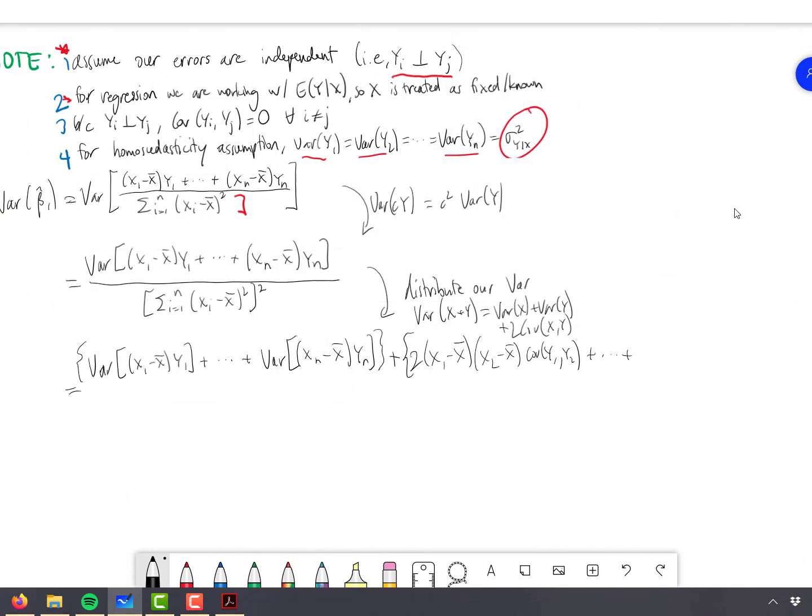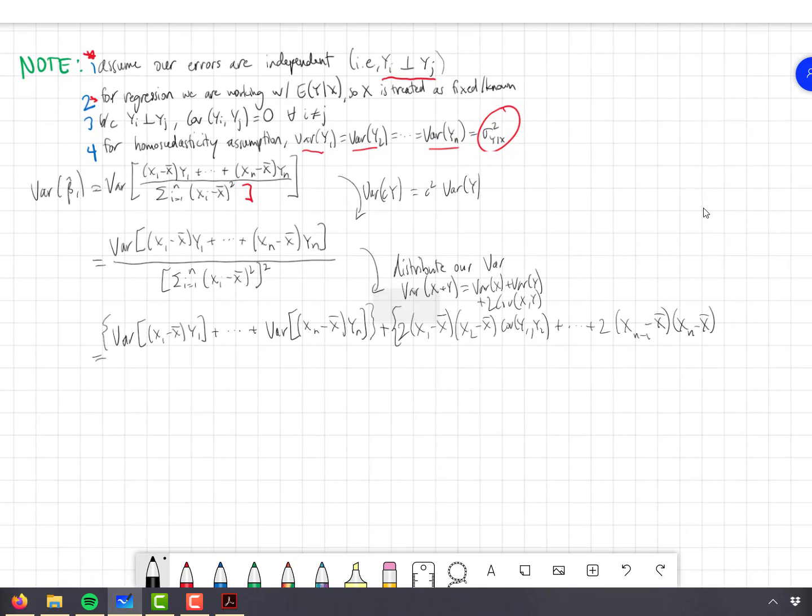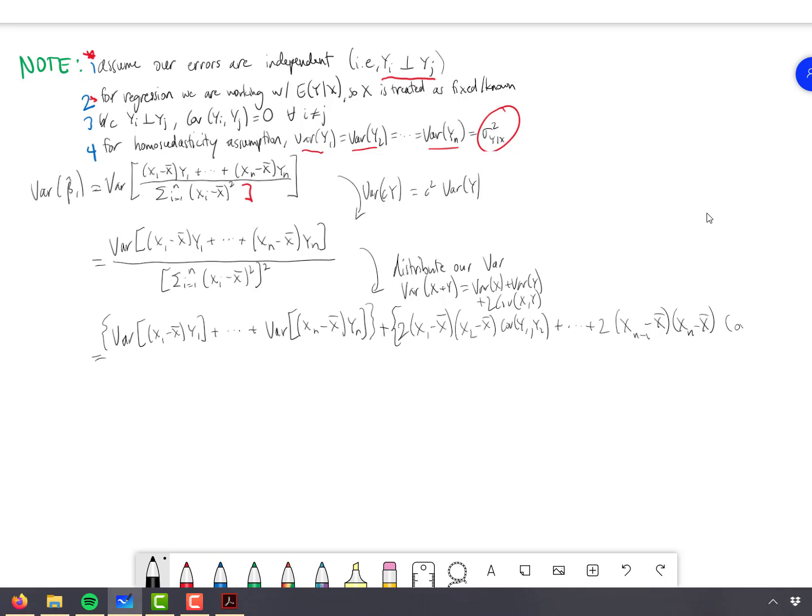That pattern just repeats itself over and over, all the way up to 2 times (xn minus 1 minus x bar)(xn minus x bar), zooming out a little more for this very long equation, times the covariance of yn minus 1, yn, which may have gotten a little cut off, but hopefully is mostly on the screen.